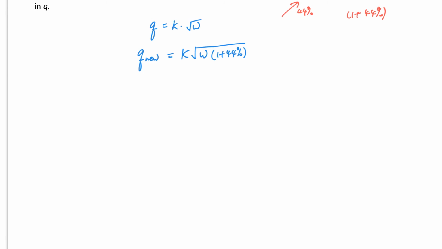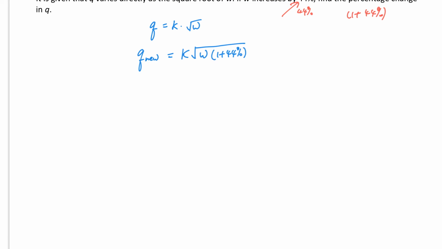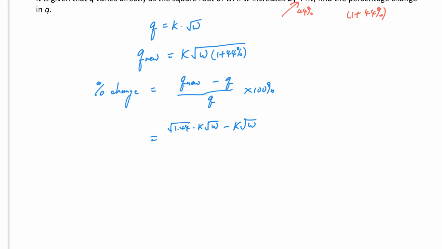If we need to find the percentage change, the basic method, we need to use the new minus the original over the original times 100%. Then you can simplify it. This is equal to the square root of 1.44 times k times square root w minus k times square root w over k times square root w.